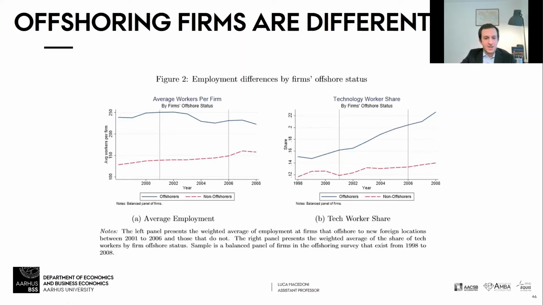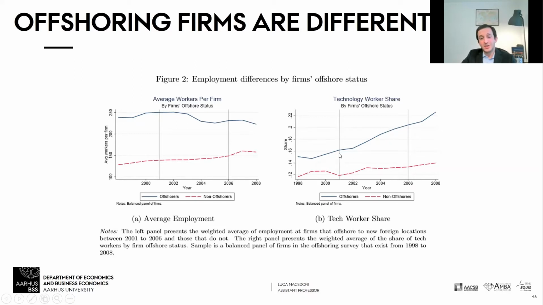And then what happens to the size? Well, the firms that do not offshore become slightly larger on average, whereas the firms that offshore, in terms of employment at least, become slightly smaller. What about technology? Here we have the share of workers categorized as technology workers, and you can see that the offshoring firms tend to be more technologically intensive.